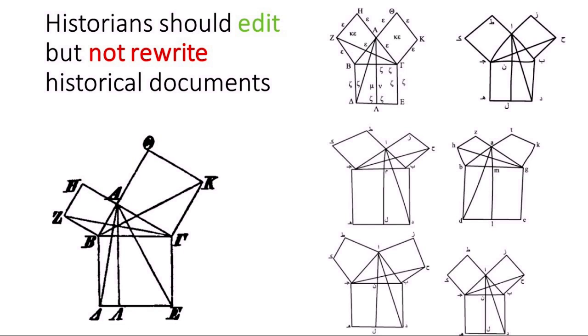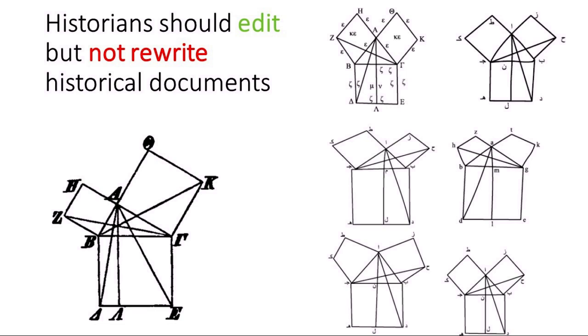All this leads me to conclude that as historians, we owe it to our modern readers to edit, but not simply rewrite, our historical documents. This is true in terms of the mathematics, and it's true in terms of the diagrams that go along with the mathematics.